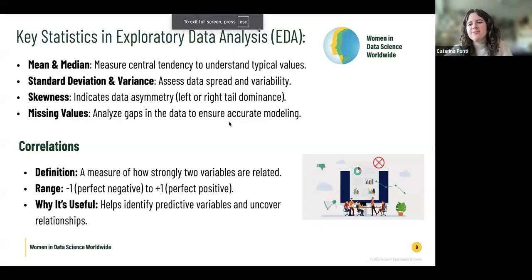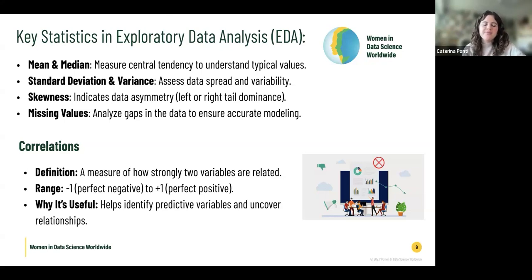Okay, so I'm going to go over more of what those basic statistics and exploratory data analysis are, and also some important concepts in exploratory data analysis that are important for us to cover. So first of all, mean and median. They measure the central tendency to understand typical values. I'm sure you all are familiar with those two. And then we have standard deviation and variance. They assess data spread and variability.